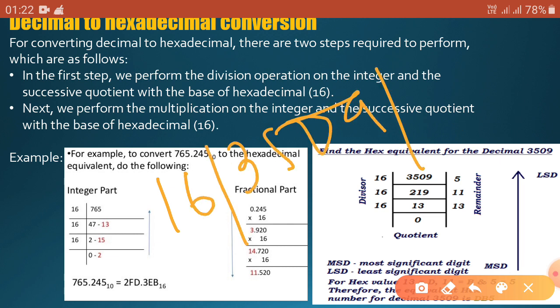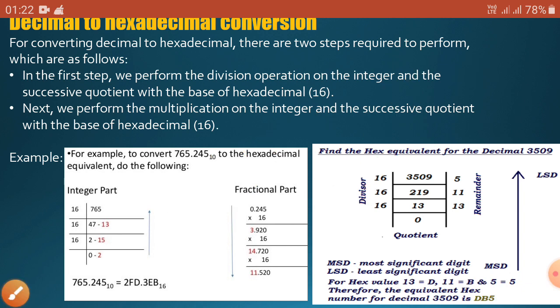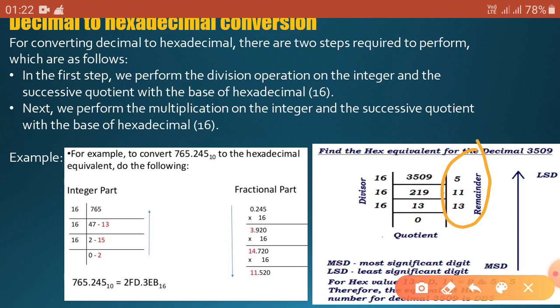Now we are dividing 3509 by 16. It gives us 219 and the remainder is 5. So we are collecting the remainders, and continuously dividing the quotient until it gives us 0.